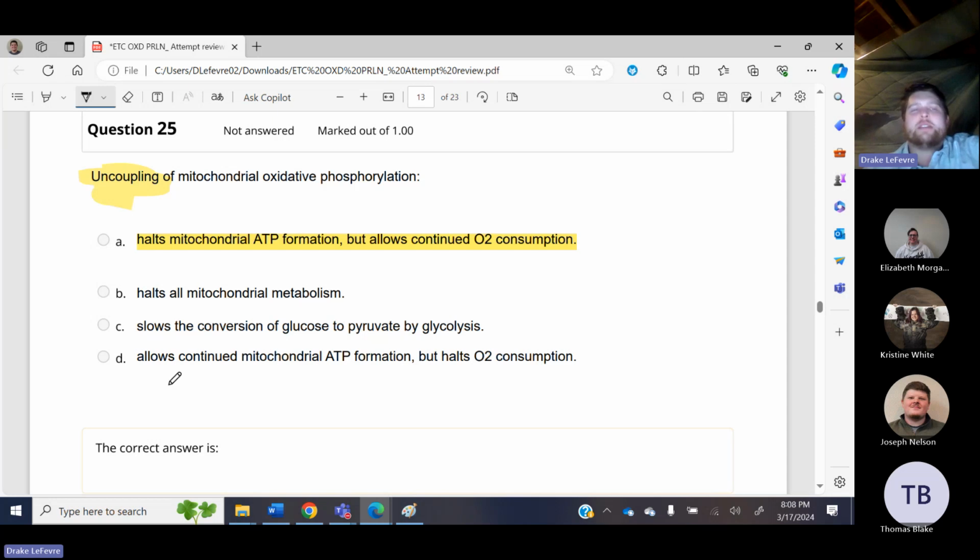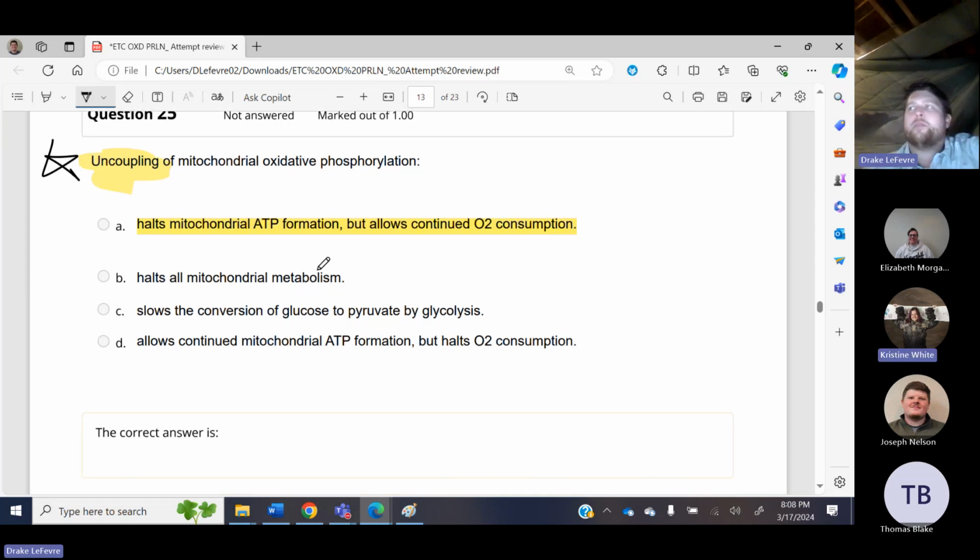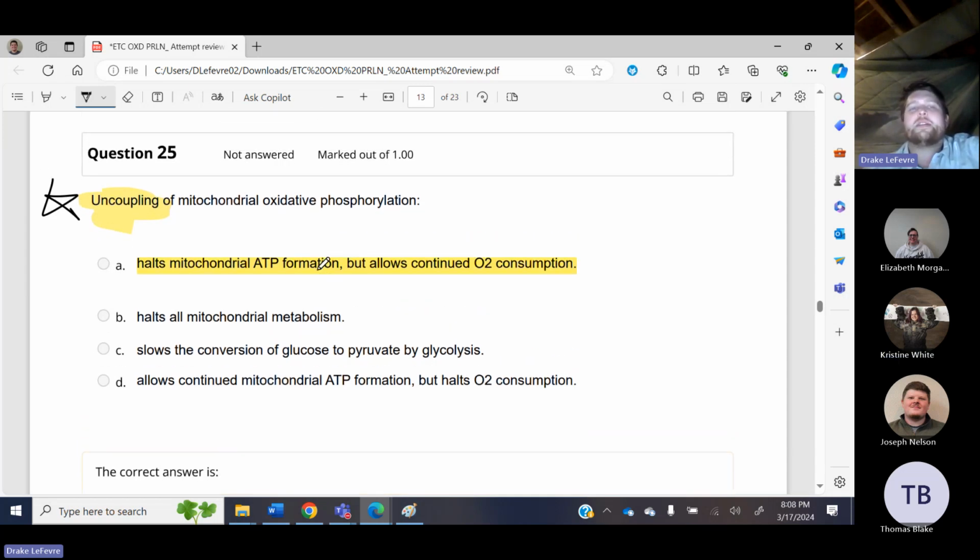The exact reasoning as to why, I personally feel, goes a little bit above our pay grade. Getting deeper into the nuances of why I don't think would be the best use of our time. But this is a question I would put a little star next to and come back to at some point, when you're going through prep and right before the test.